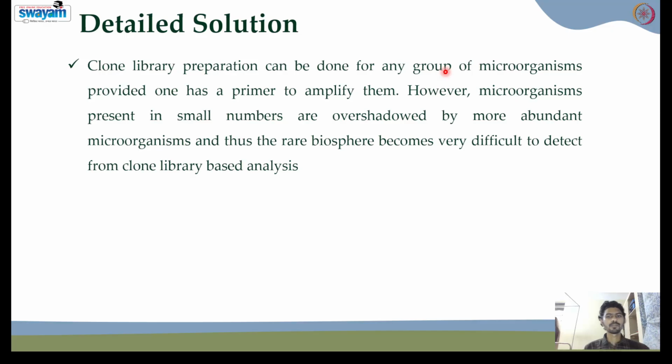Why is it so? Generally, clone library preparation can be done for any group of microorganisms if one designs the primer accurately. However, microorganisms present in small numbers are overshadowed by the more abundant microorganisms, and thus the rare biosphere becomes very difficult to detect from clone library based analysis.